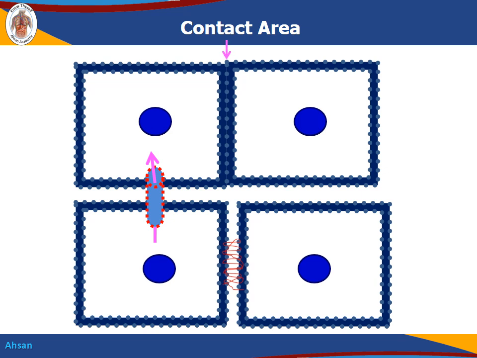So the upper one prevents leakage between the cells. The second one allows the leakage, but cells are kept together by anchoring fibers. The third one allows the passage of chemical substances from one cell to another.